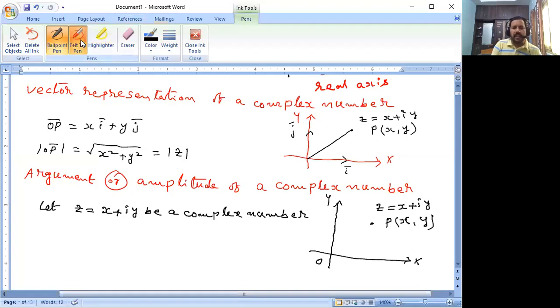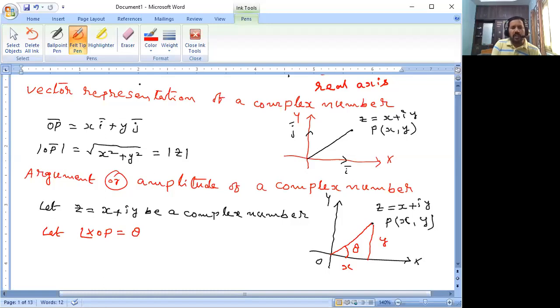Now here observe that. Draw the line perpendicular to the x-axis and join these two. This is O. Now let angle XOP be theta, taken in the anti-clockwise direction. This is theta, and we know this value is x, this is y.